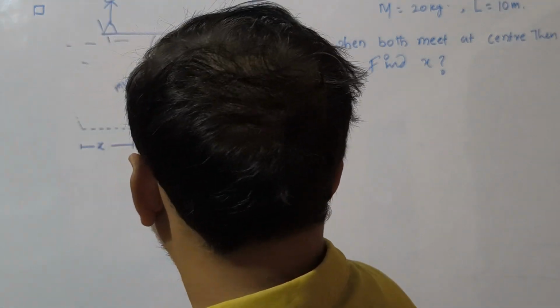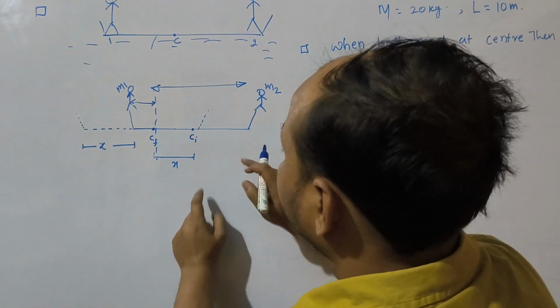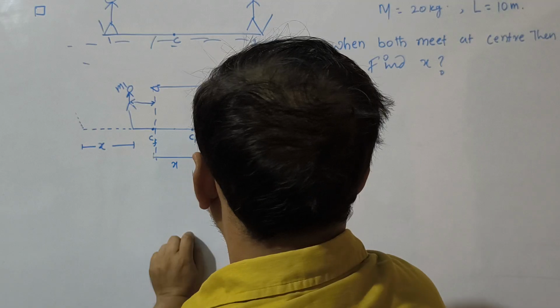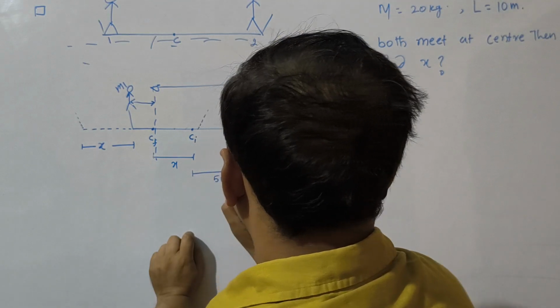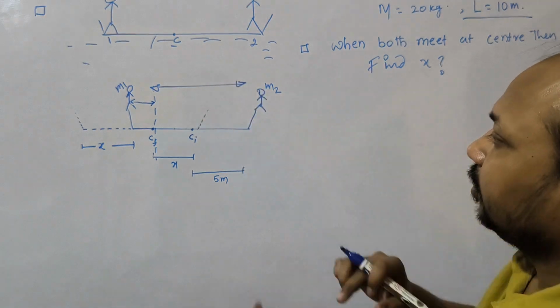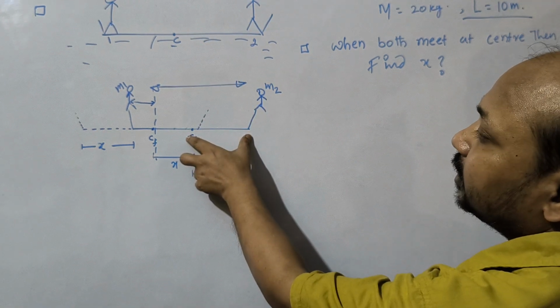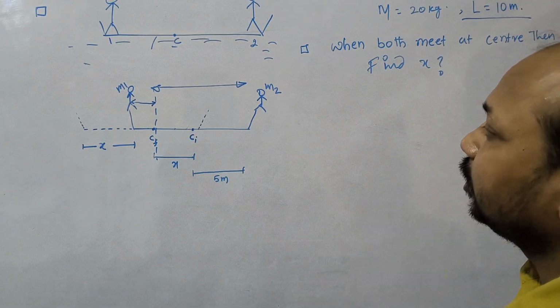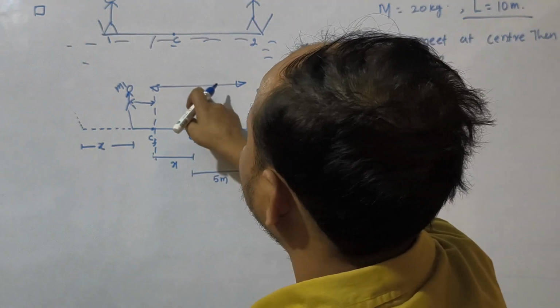So see, this length is 5 meters, the total length is 10 meters, so the center from one end is at a distance of 5 meters. So 5 plus x is equal to this distance.